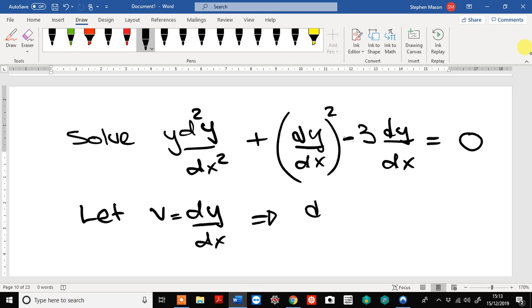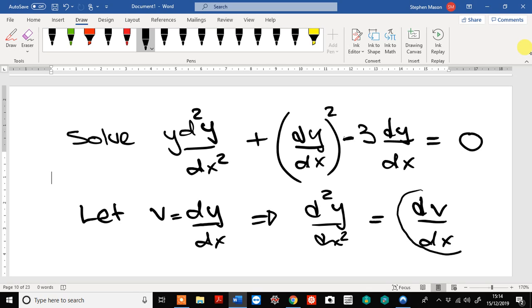Therefore, d squared y by dx squared is equal to dv by dx.